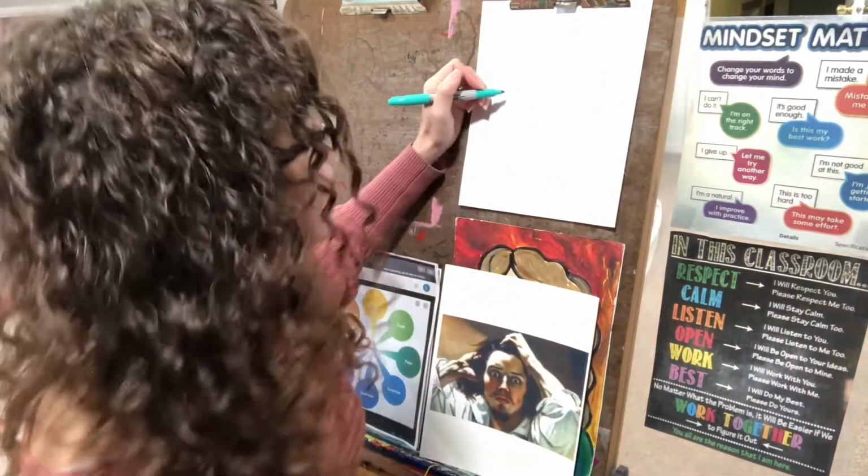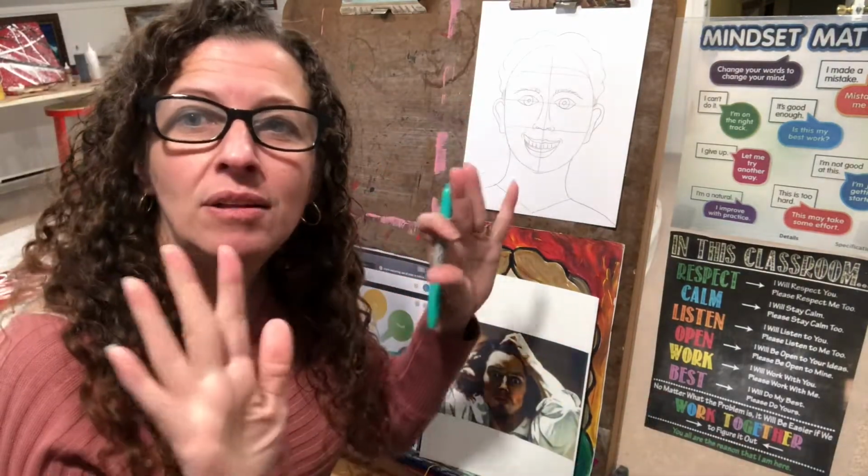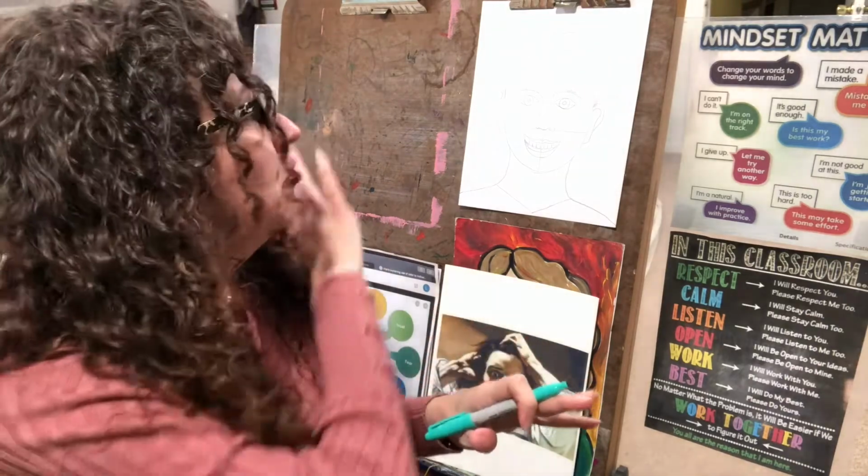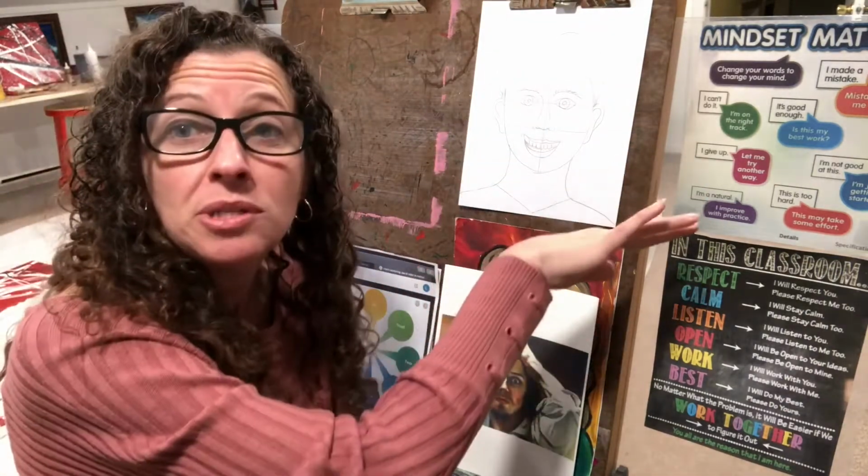marker. Now what I'd like you to do, boys and girls, is don't panic, just listen. I know that some of you have already created your self-portraits and they look gorgeous, and I know some of you jumped forward and you already added your color and you already submitted it in Google Classroom, and it's great. Don't worry.